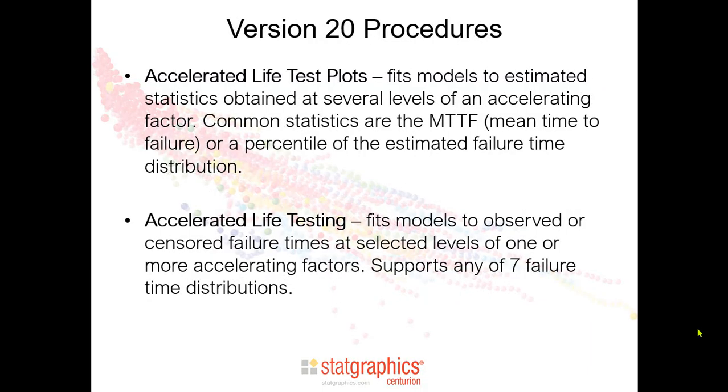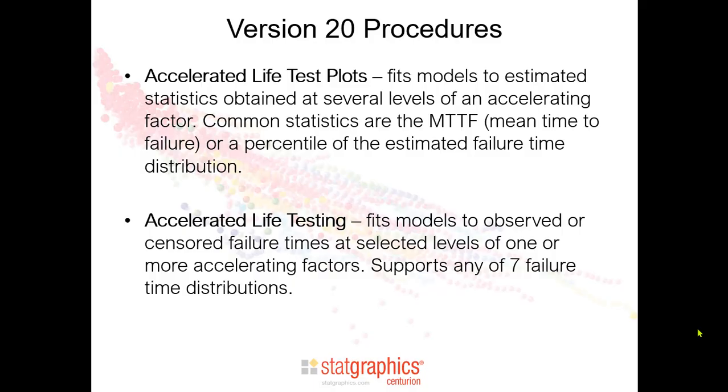Statgraphics version 20 contains two procedures that may be used for accelerated life test model fitting. The first is the accelerated life test plots procedure. It fits models to estimated statistics obtained at several levels of an accelerating factor.